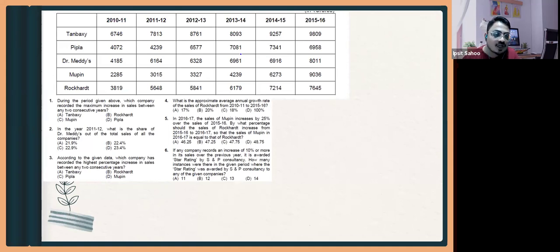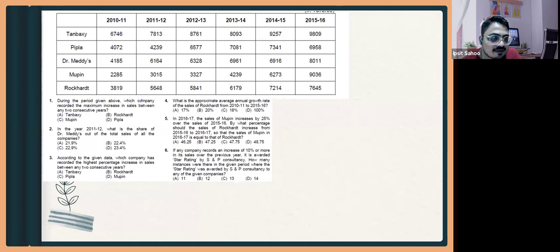So let us see how smartly you can do this. So these are the different years' data. I do not need to calculate the maximum percentage increase every year. Those who are calculating the percentage increase for every year, that is a waste of time. I'll be telling you how to calculate this without so much calculation.